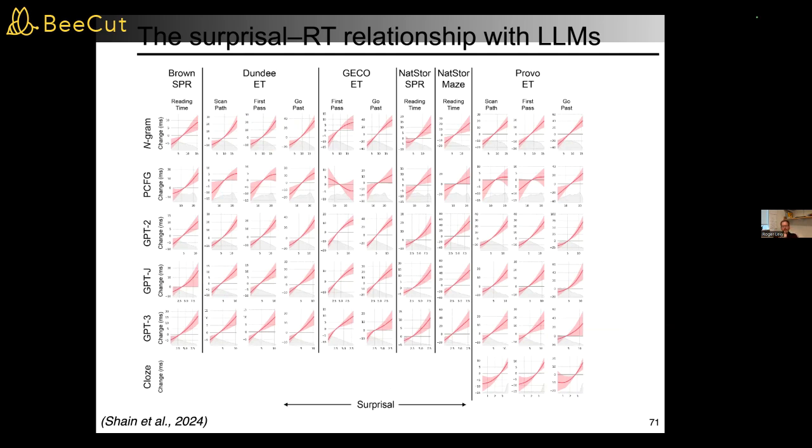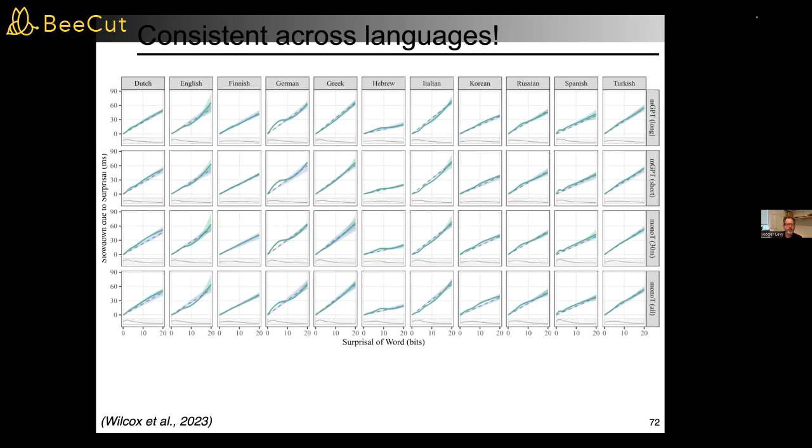And it turns out that broadly speaking, aside from a couple of exceptions, this linear or near linear relationship holds between surprisal and reading time in English, and indeed across many languages.